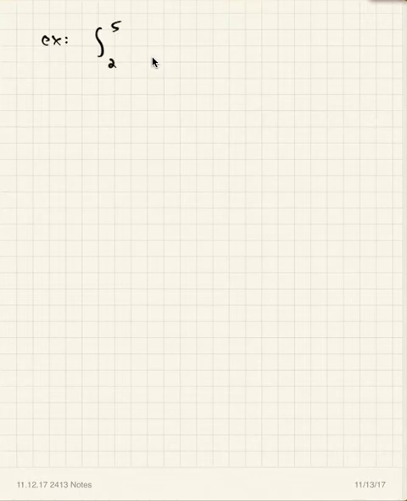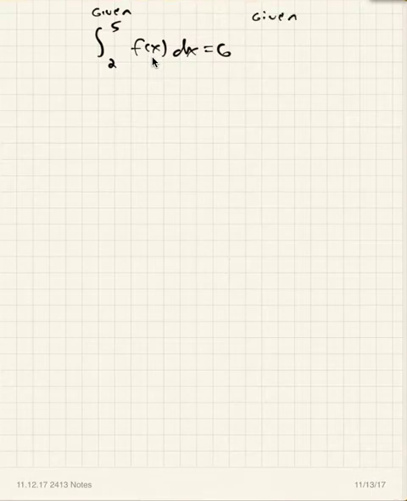Let's say that we're given this of f is equal to 6. So this is something that's given. And we're also given that the integral from 5 to 10 of f of x is equal to 15.